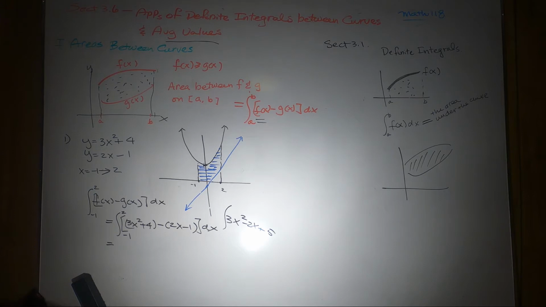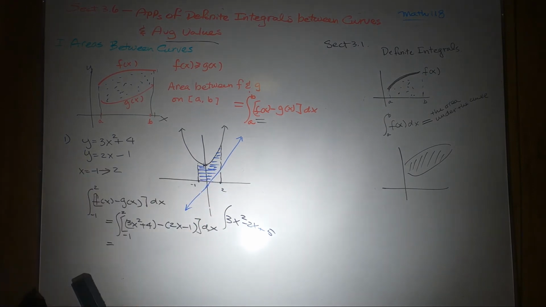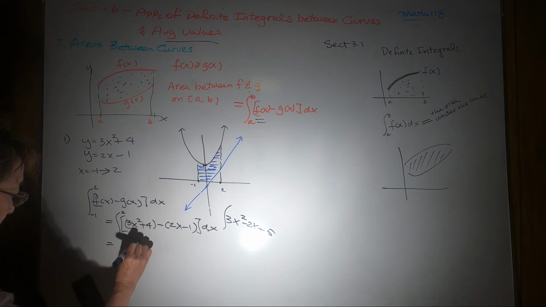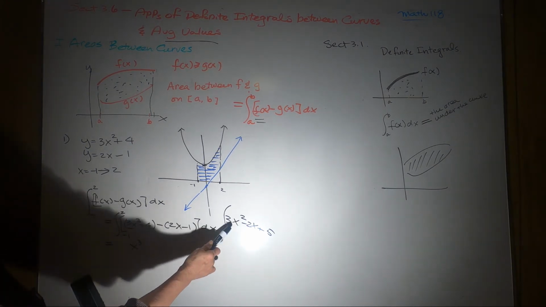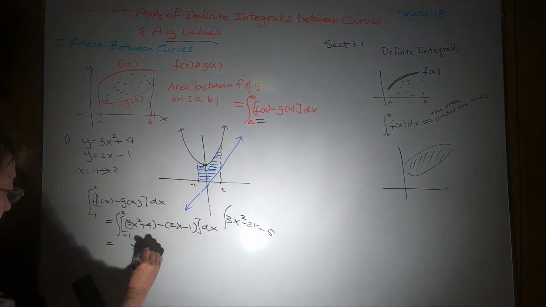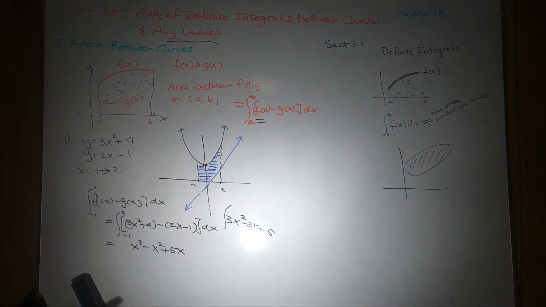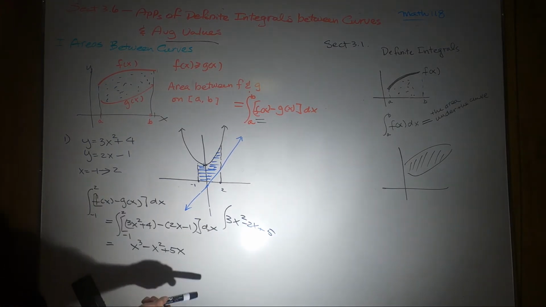Use the power rule and the sum and difference rule, so you go up one level. You should know by now, x cubed divided by 3 cancels with 3. That would be this one, and minus x squared plus 5x. That's the indefinite integral plus c.